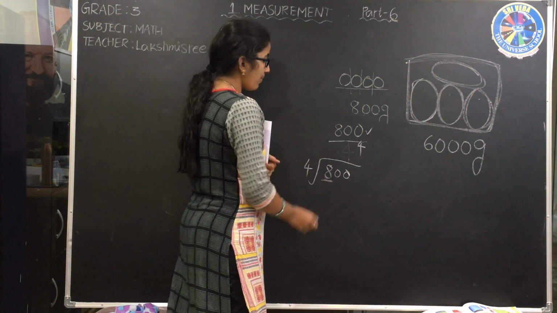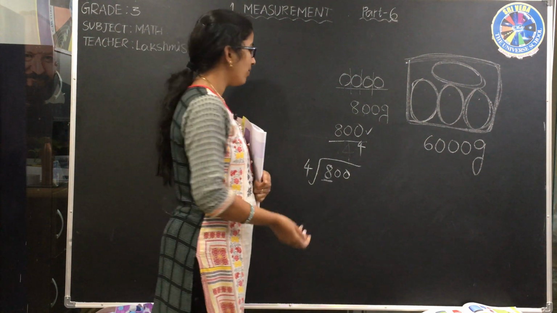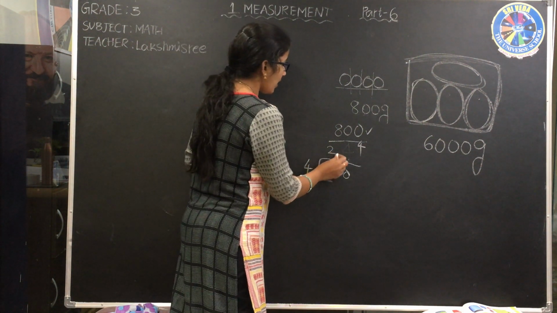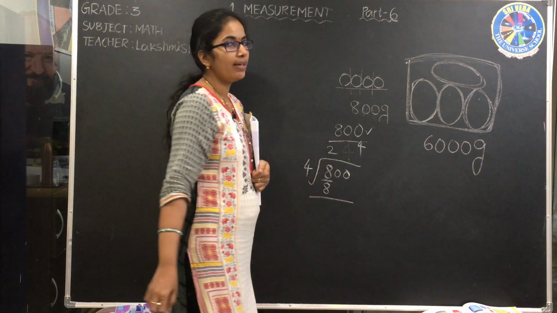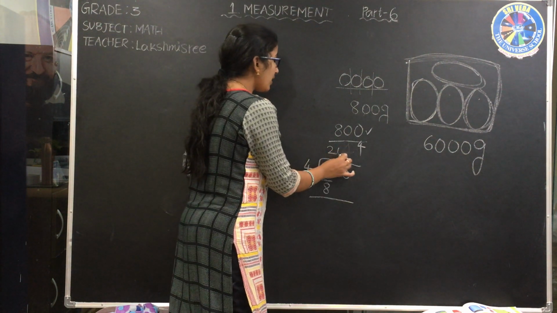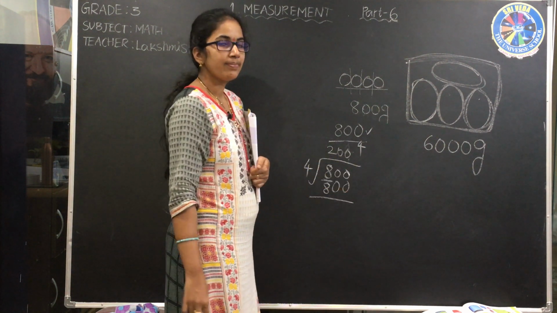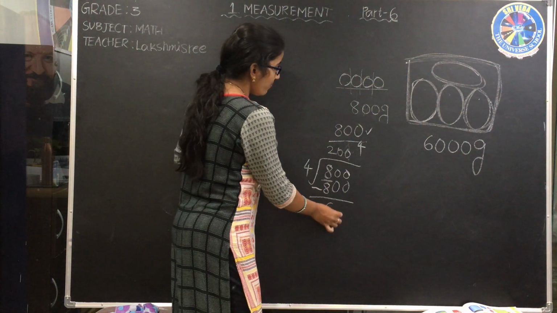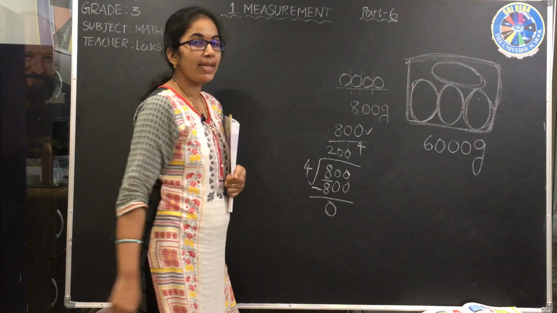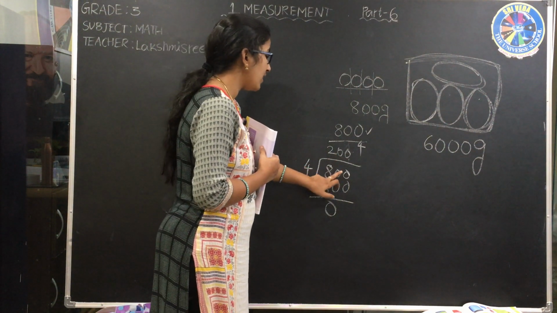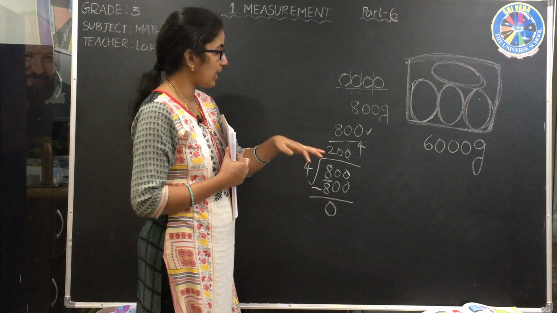Check the first number, 8. 8 is bigger than 4. So, 4 twos are 8. When we have zeros here, simply you can add 2 zeros here. 800 minus 800, 0. Instead of doing it in many steps, when you have zeros here, you can do it this way. If it is any other number, like 2, 3, 4, 5, we can't do it like that.